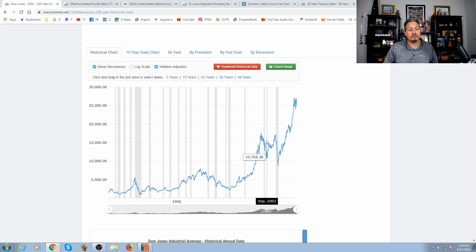And if anyone's wondering where these bubbles come from, you see all this craziness down here, but it stays within a range. This was mostly without government intervention, printing money and doing crazy things. But as soon as government starts artificially driving rates crazy and printing all this money, you get all this craziness, because they put all this money into the system and it eventually finds its way into the stock market.